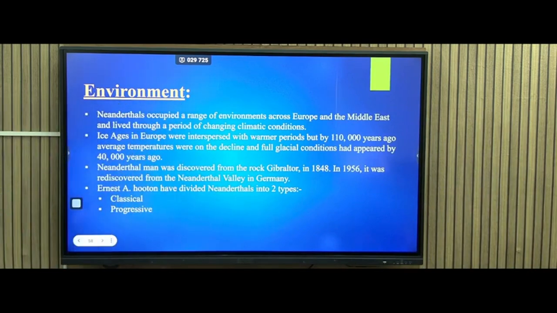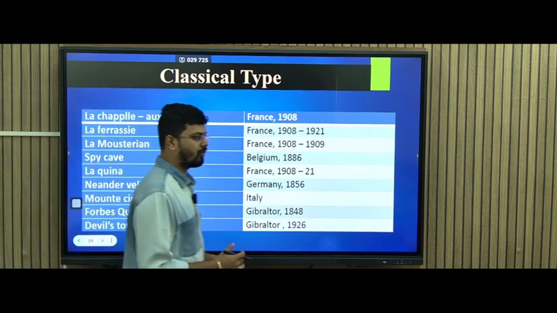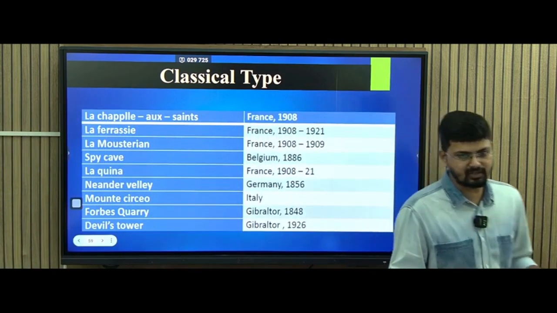Classical and progressive are given based on the findings of the fossils in a particular area. La Chapelle-aux-Saints is the place in France. In that area you find a group of fossils, and all those are placed under the classical ones.